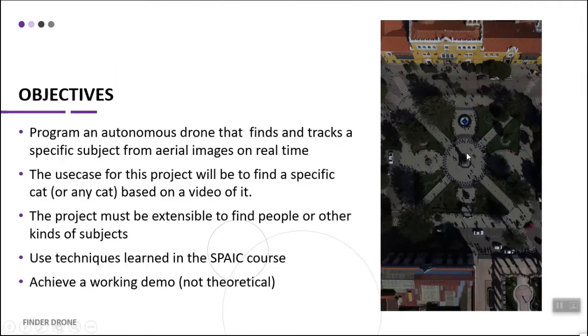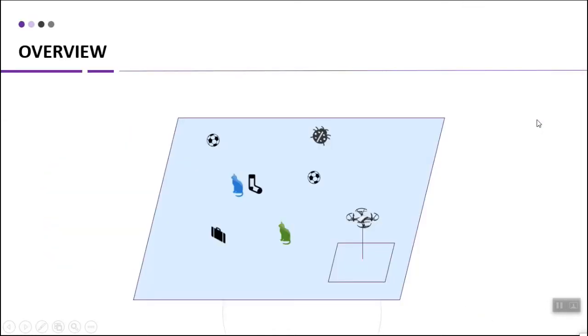It's not useful if the drone says, okay, I found a cat in this image. You have to determine exactly where. So that's also important. So that's an overview of the project. It looks simple, but believe me, this became so hard.